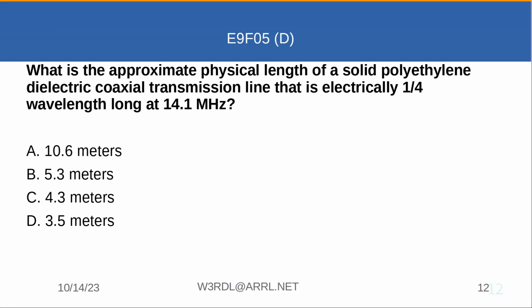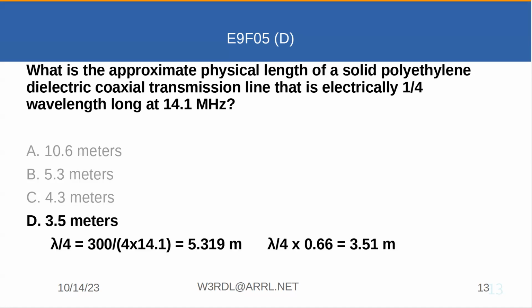Oh, man. All right, Jack, without the calculator, how do you estimate this one? 5, 3. One divided by. Polyethylene was 0.66. 3.5. You're right.